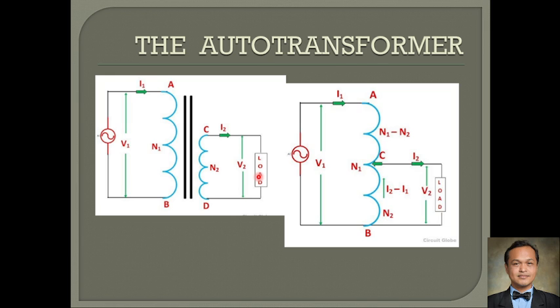So that will become another current. But it is almost the same as the ordinary transformer, with a little difference on the voltage level that will be generated, or the output voltage for the auto transformer.